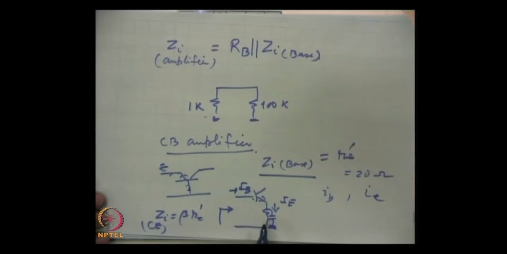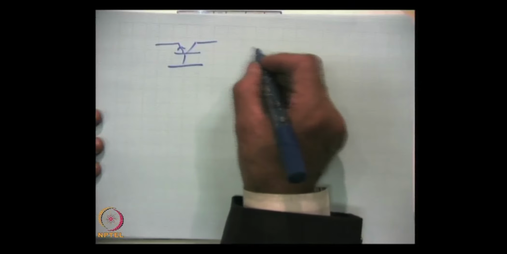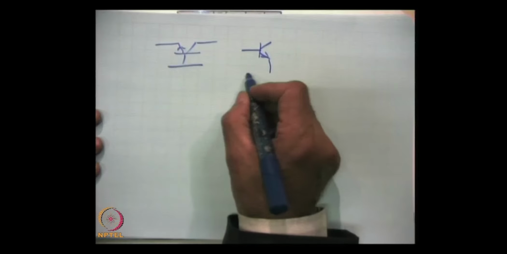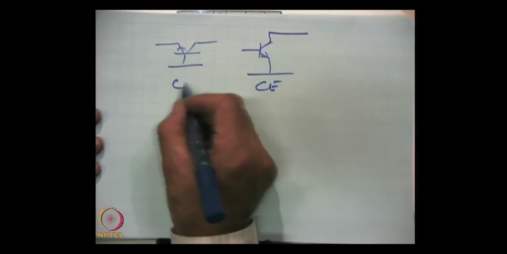How is that? Same junction here, this is C E, this is C B.